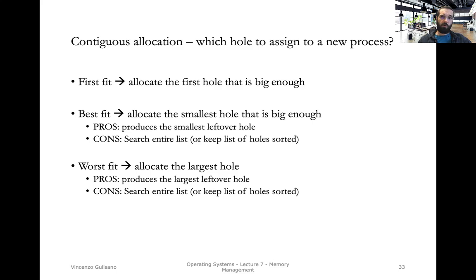As we will discuss more in the future also for file systems, one of the complications here is that you don't really know which strategy is the right one or the best one until you actually start running the system and discover how many processes you want to run and how big they are and how many holes you have. So there are different techniques you can use.